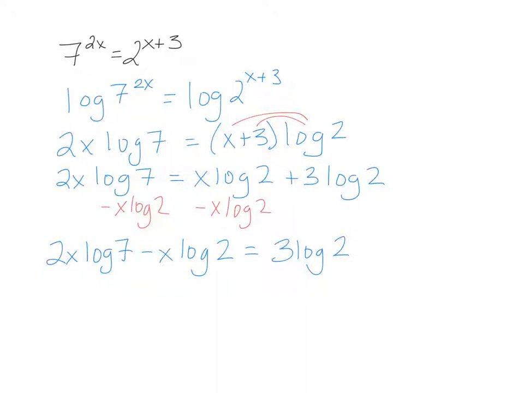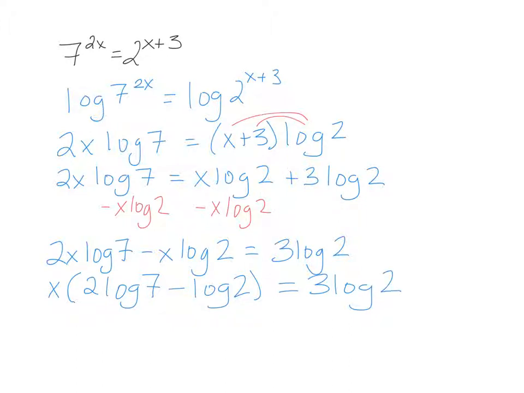But we need to isolate that x. Factor the x out. So take out the x from both of those terms. This becomes 2 log 7 minus log 2. And this 2 log 7 minus log 2 is just a number, right? That's all just a number, so we can divide by that number.